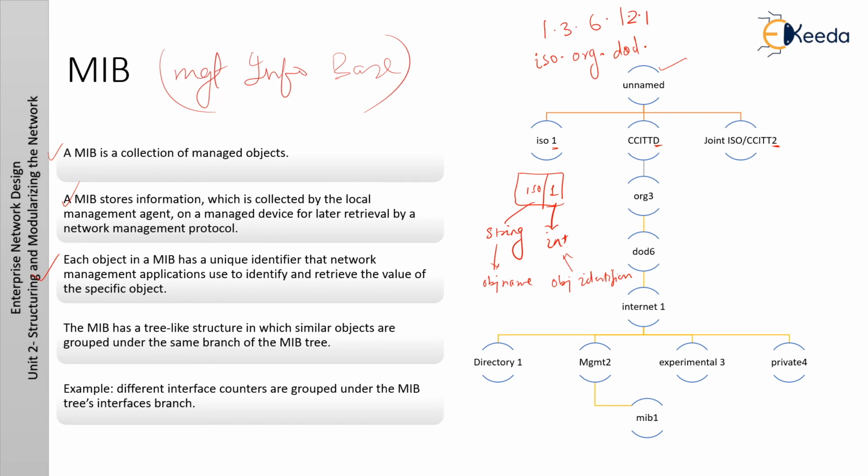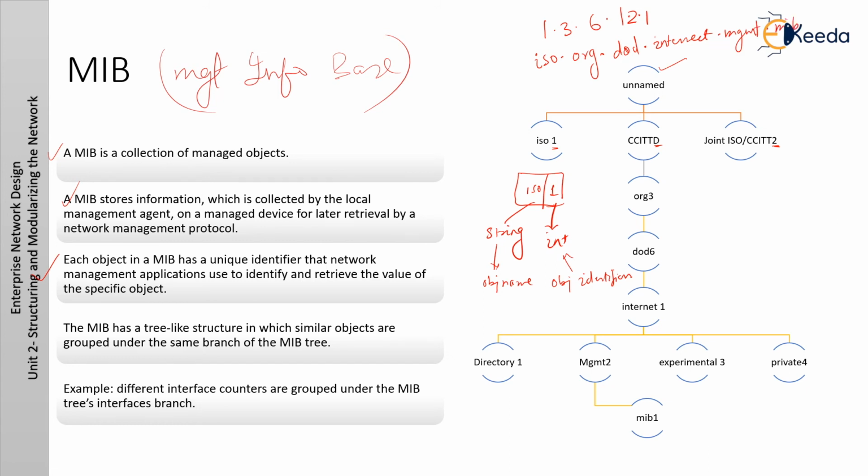Okay, so for this one we use internet. Then 2 is management. Then again 1 is MIB.